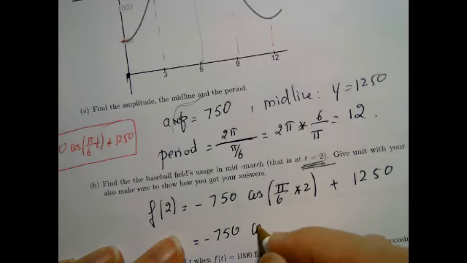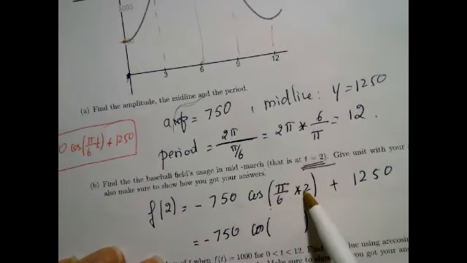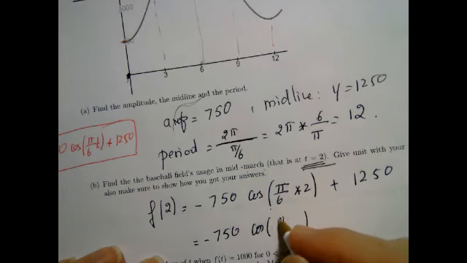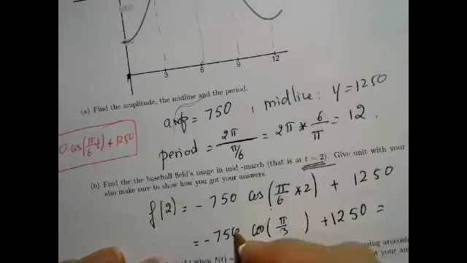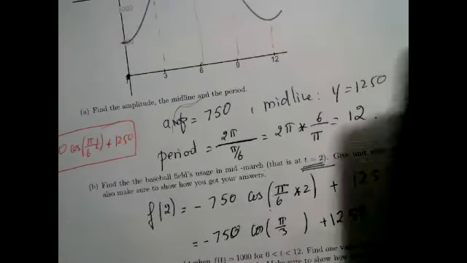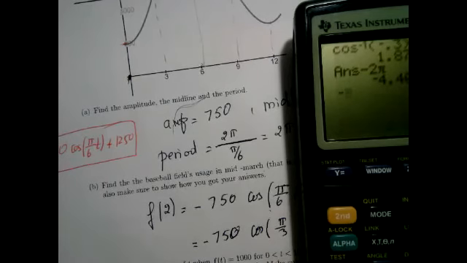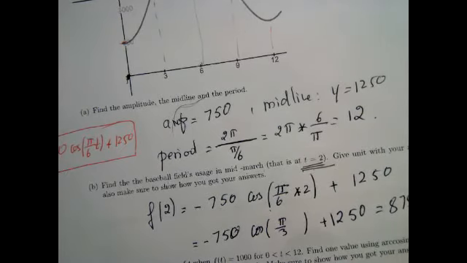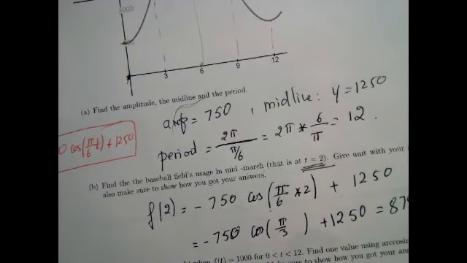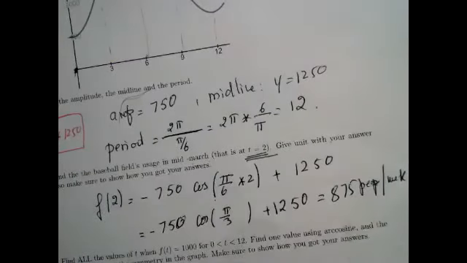Minus 750 times cosine of pi over 6 times 2, plus 1250. First I simplify: pi over 6 times 2 gives pi over 3. Then we evaluate using our calculator: minus 750 times the cosine of pi over 3 plus 1250. I'm getting 875 people per week. So in mid-March, that's how many were using it.